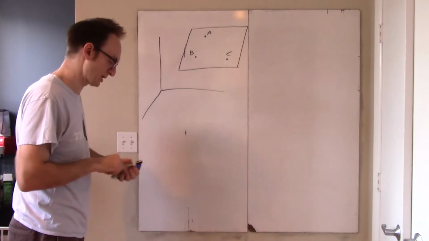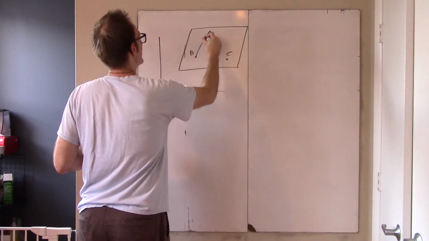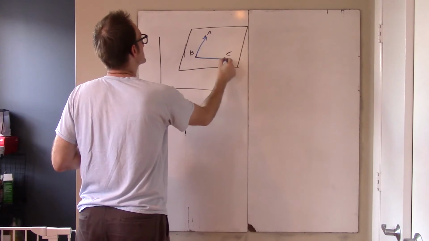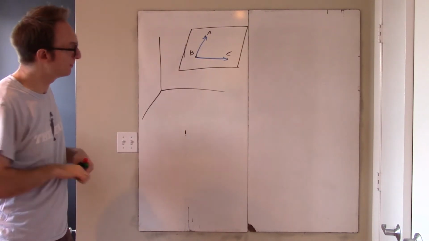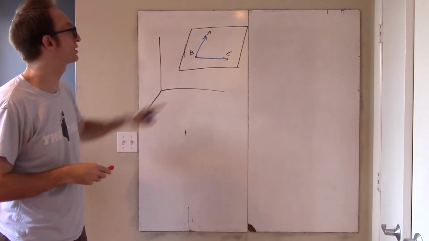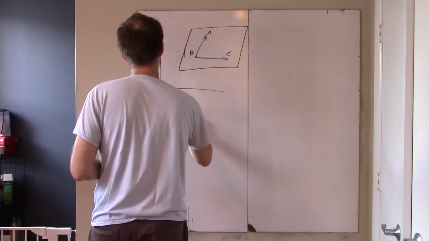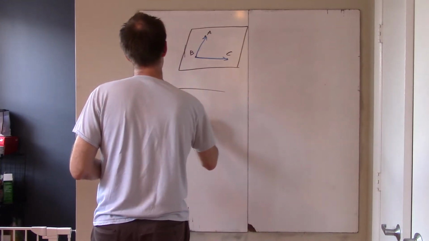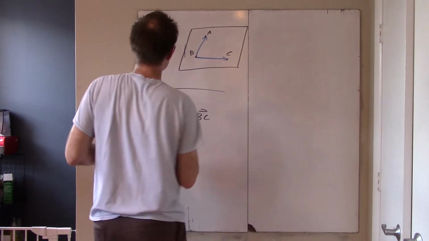Hopefully you did this last year. The move is you construct vector BA and vector BC. Doesn't matter which way you do it. Both of those two vectors now lie in that plane, and then you take the cross product of them, so you get BA cross BC, say.